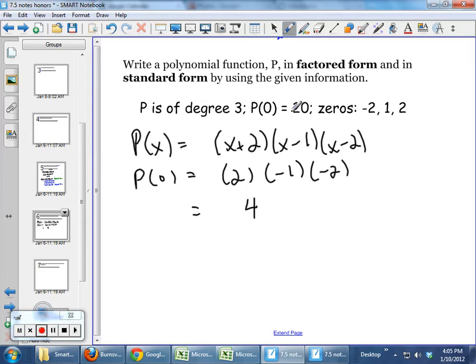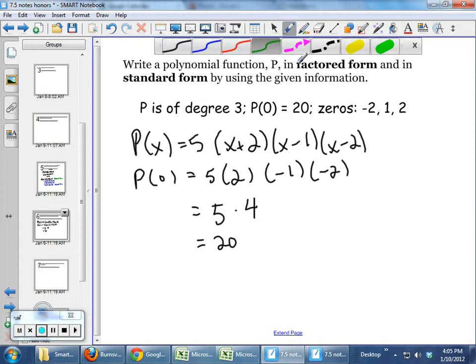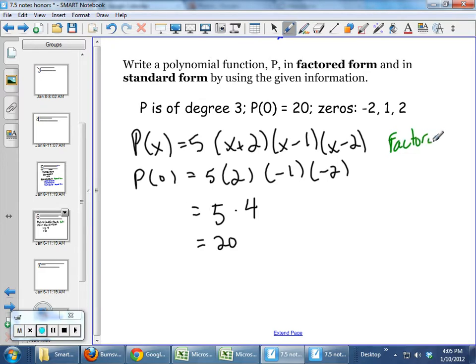But we want it to be 20. So, what times 4 would give us 20? Well, 5. So that means we'll drop a 5 out in front. So the leading coefficient here is going to be 5. Alright, so we have our answer. This is in factored form.